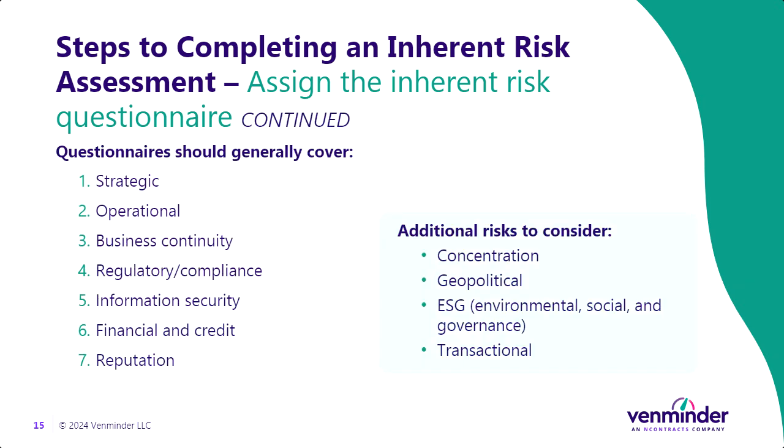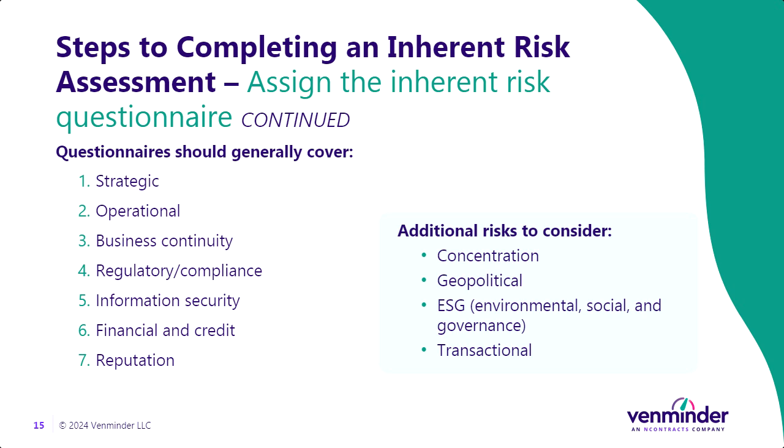So we know who our vendor risk owner is, and we know we need to pull together a questionnaire, and we're going to generally include all of the risk domains on that questionnaire, but there are some that may not be included, depending on what the vendor provides for you, what that product is.